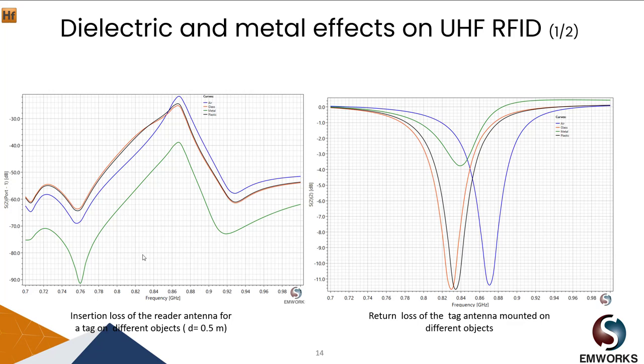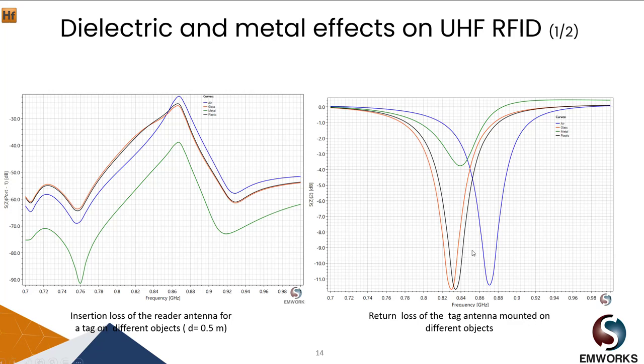Alright, so now let's talk about the effect of dielectric and metal on UHF RFID. On the right hand side, we have the return loss for the tag antenna, which is attached to different objects. For this, we want to study the effects of the glass, the plastic, and the metal.